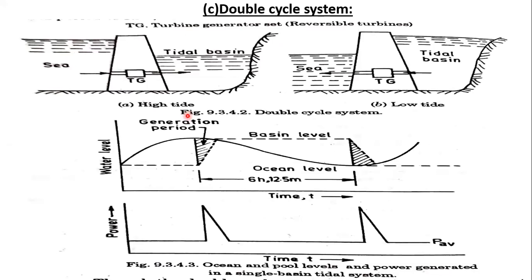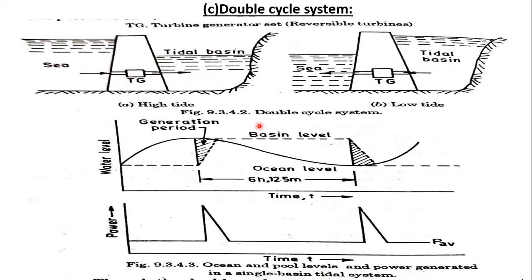So this is a double cycle system. See here, when the seawater is flowing into the tidal basin, we can run the turbo generator. Again, when the water flows from the tidal basin back to the sea, this is called flow back, nothing but the ebb system, and in this process also we can run the turbine generator.